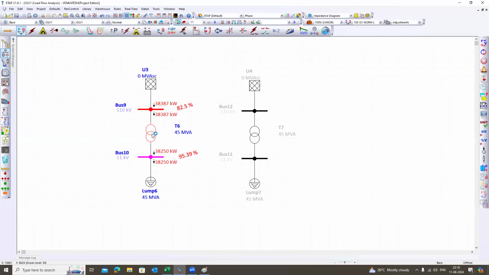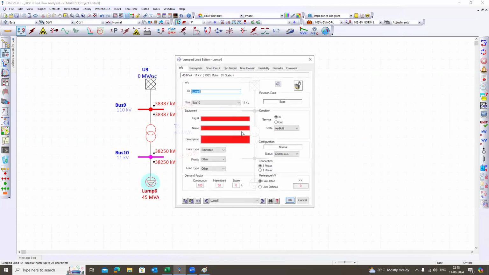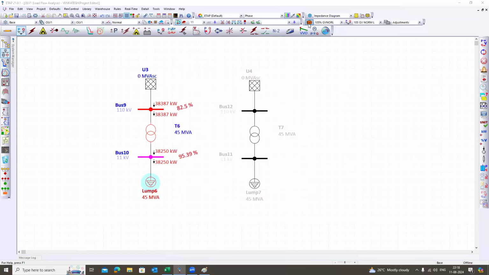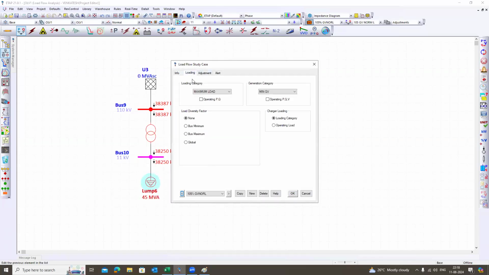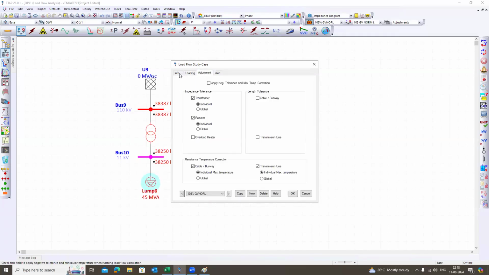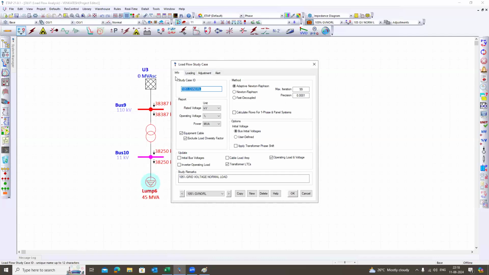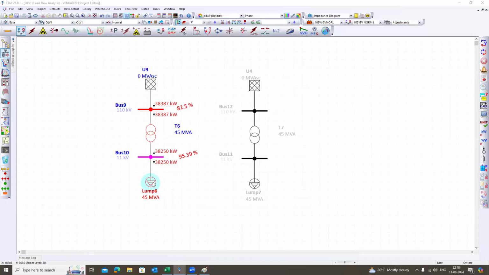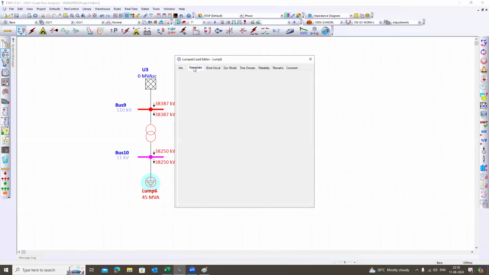Sir, regarding the diversity factor you removed. Yes, so here there is one option called the diversity factor. Right now I don't have any immediate example to explain this diversity factor.